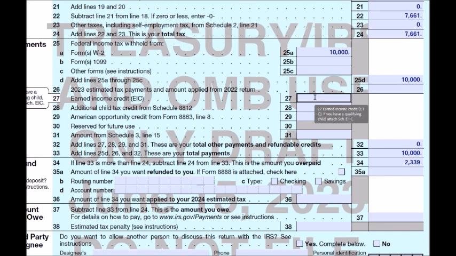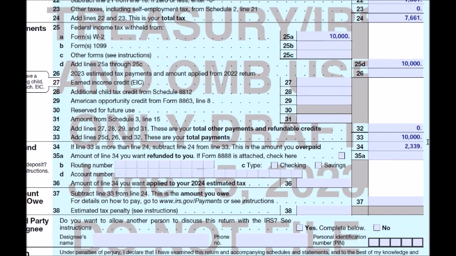And then no earned income credit, no child tax credit, so nothing here. And so line 32 would be 0. And line 33, you're just combining 10,000 plus 0 plus 0, we get $10,000. So this is the total payments.